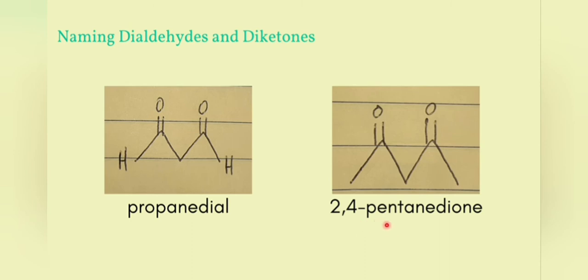So since there are 2 ketones present in the 2nd and 4th carbon, 1, 2, 2nd carbon, 3, 4, 4th carbon. It would be named as dione because there are 2 ketones present, and pentane because there are 5 carbons in the parent compound. So 1, 2, 3, 4, 5.